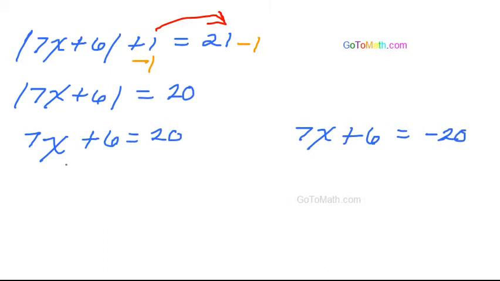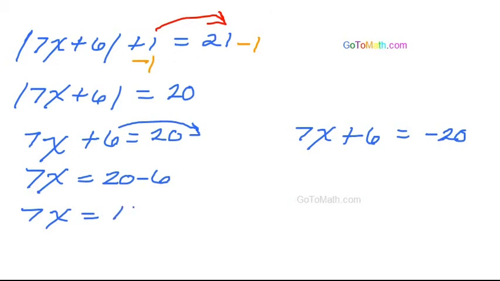Alright, so let's solve for x in this equation. That means we're going to take the 6 over to the other side, and therefore we have 7x is equal to 20 minus 6, so that gives us 14. So we have 7x is equal to 14, and therefore x is equal to 2.